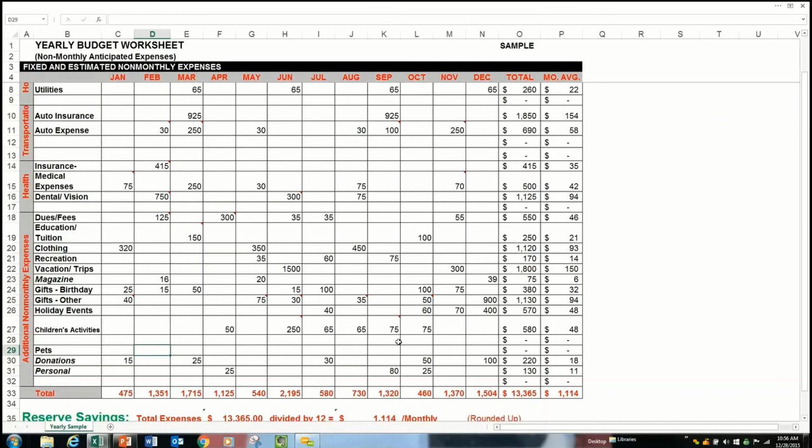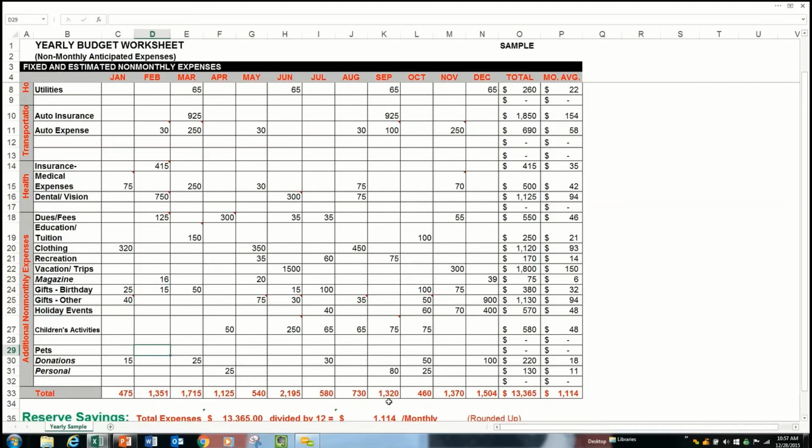And then we look at the bottom. Every one of these months is being totaled up. And you can see some months are going to be high, some are going to be not so high. Maybe starting in January, you have about 475. But February, March, you're over 1,300, over 1,700. And then by May, it's settling down to about 500, or July is 500, or October is about 460.